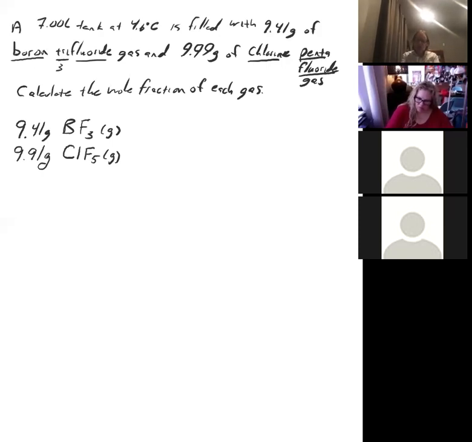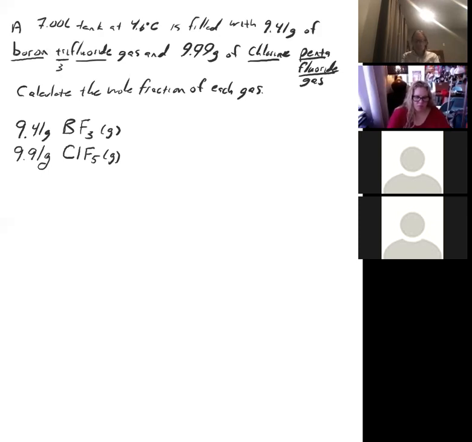Also notice for this problem, they give some information that's called extraneous information, meaning you don't need it for this calculation. We don't need the volume of the tank. We don't need the temperature of the tank either. If they gave us the volume and the temperature and the pressure, that would be enough to calculate the number of moles.